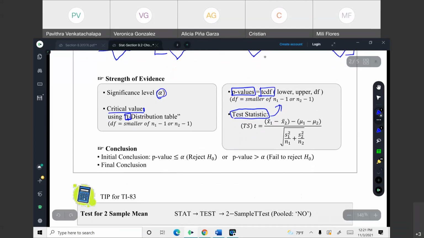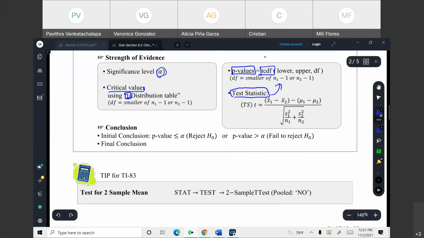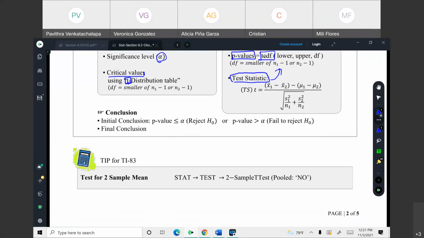Okay, in other words, you will be calculating t-value instead of z. So nowhere in chapter 9 you will be calculating z values, you will be calculating only t values, both in critical value and test statistic.